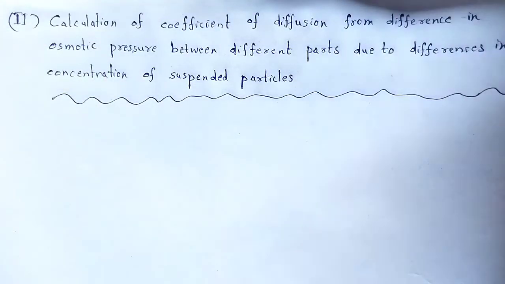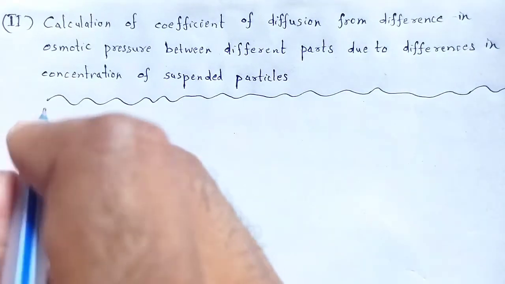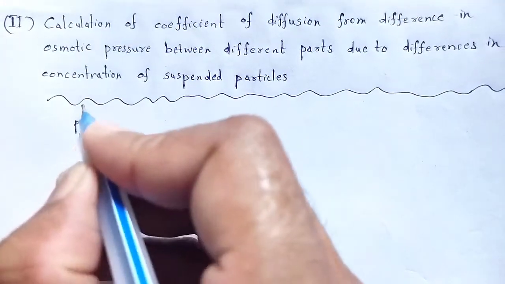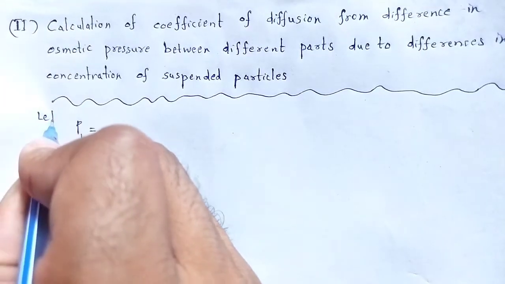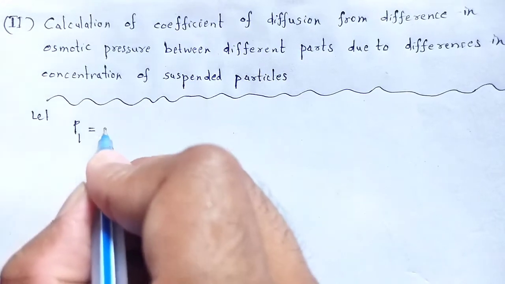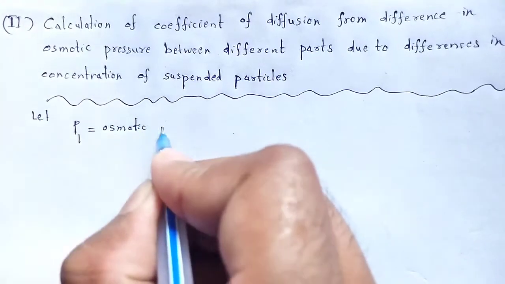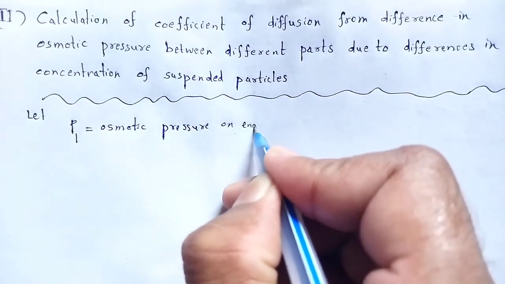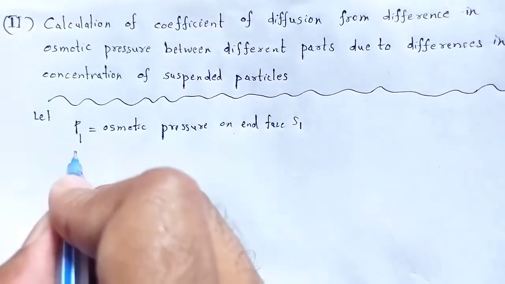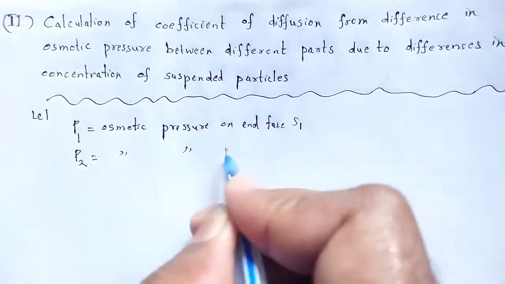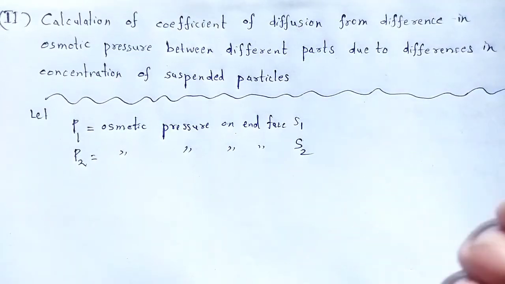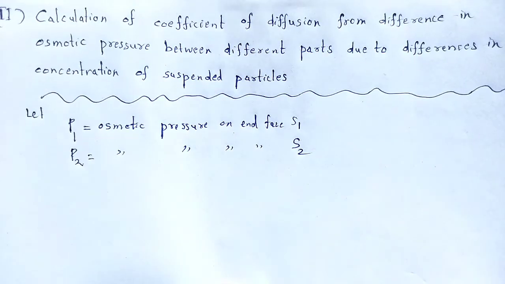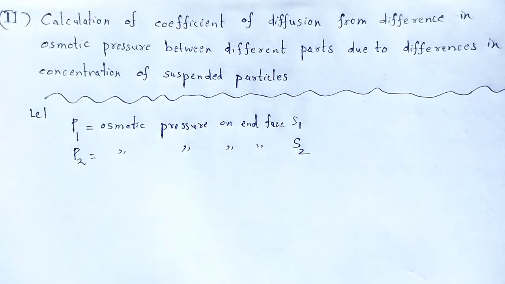So we write P1 as the osmotic pressure on end face S1 and P2 as the osmotic pressure on end face S2. Similarly, N1 and N2 are the molar concentrations on end faces S1 and S2 respectively.